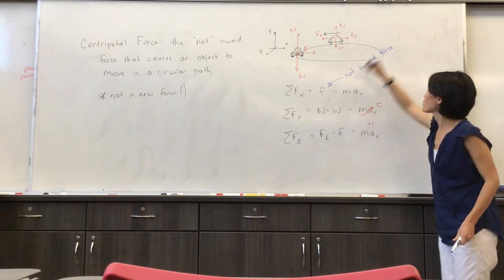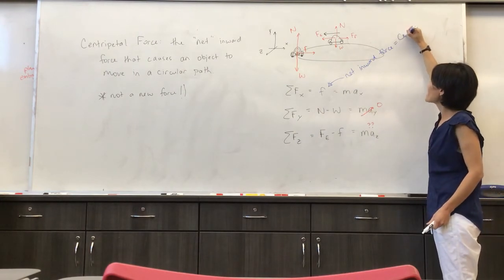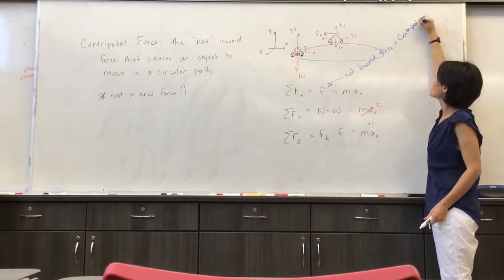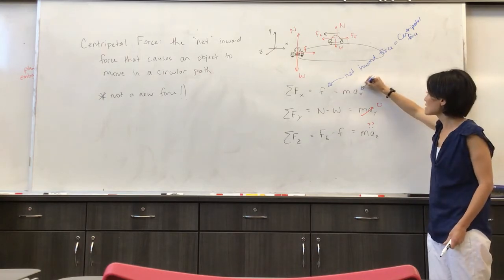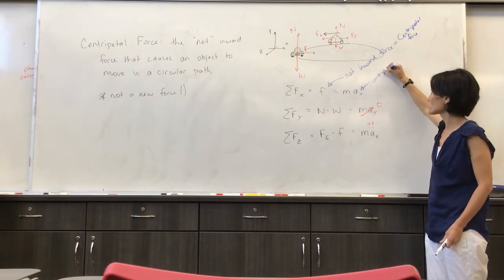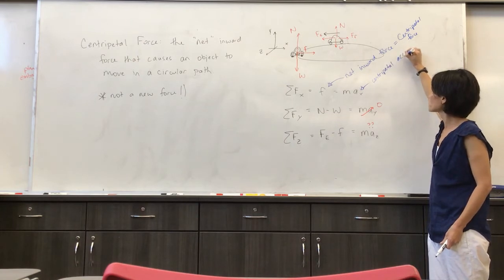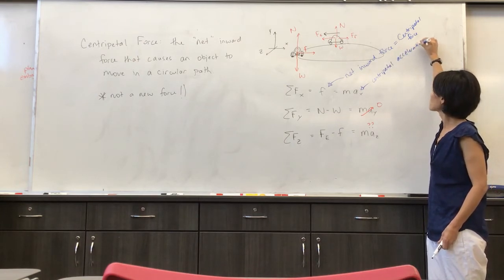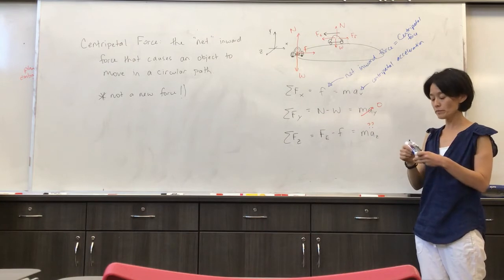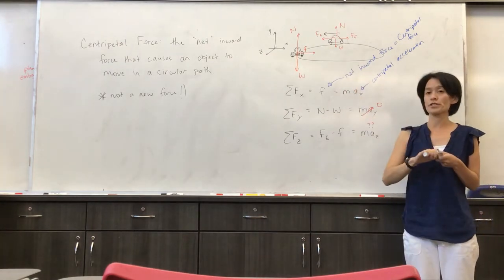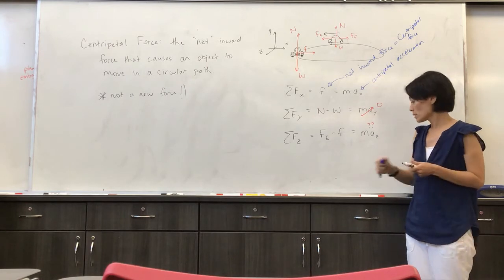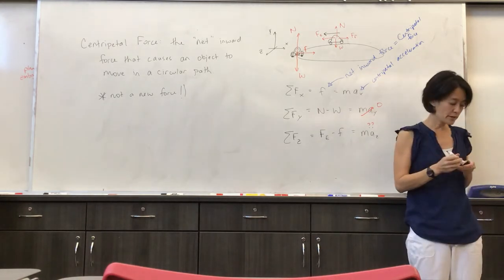This is my net inward force, so this is my centripetal force, and this would be my centripetal acceleration. So for our car going around a curve, the frictional force is the centripetal force. Let's look at another example.